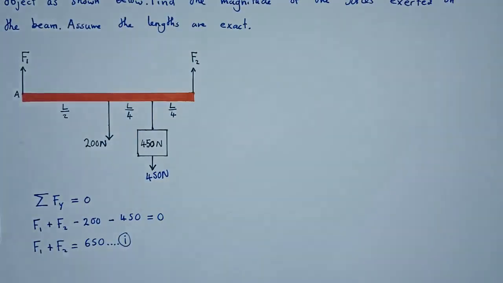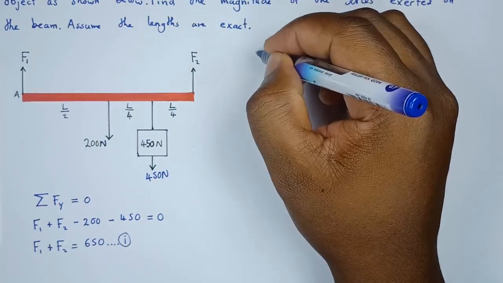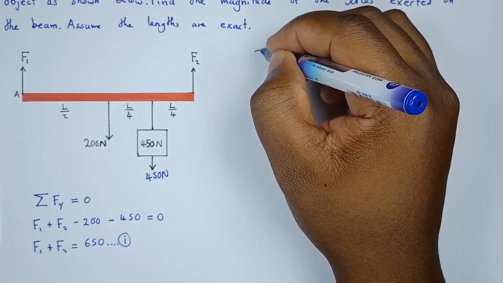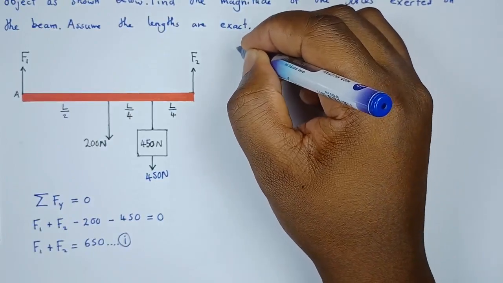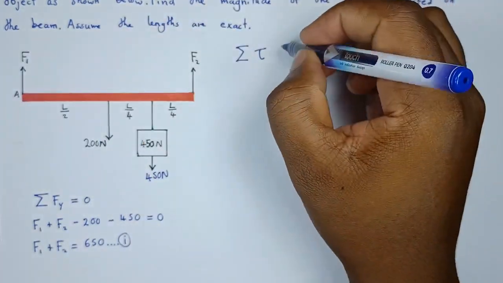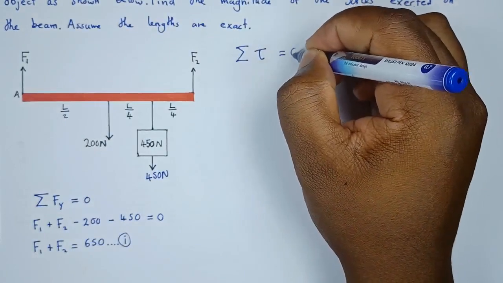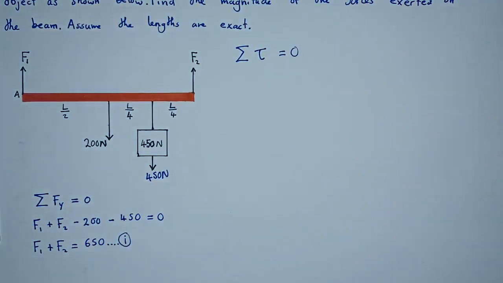and this force here. Now remember, the summation of torque on the object must be equal to 0. We know that clockwise torque is negative and anti-clockwise torque is positive.